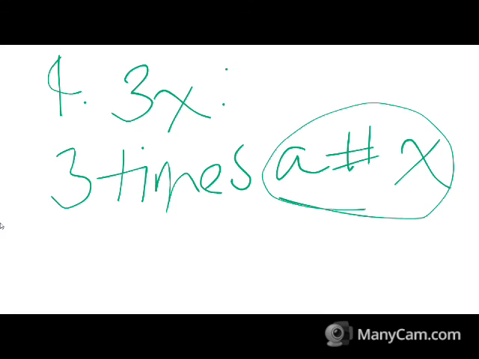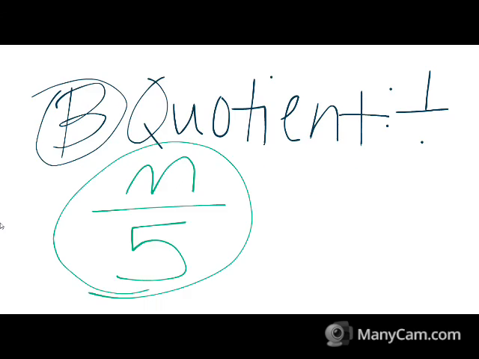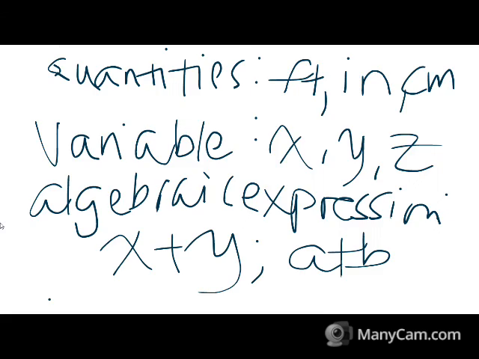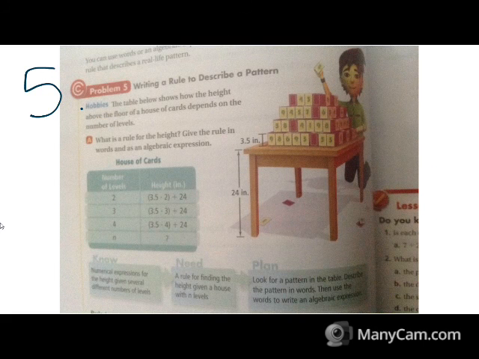After you've done that, moving on to problem 5, this is asking us, what is the rule for the height? You're given a table, and you're given how to find the height when there are 2, 3, 4 levels. Now this goes back to the problem we were doing on the first page. Which one of these has a value that varies? We want to look at what stays the same and what changes.